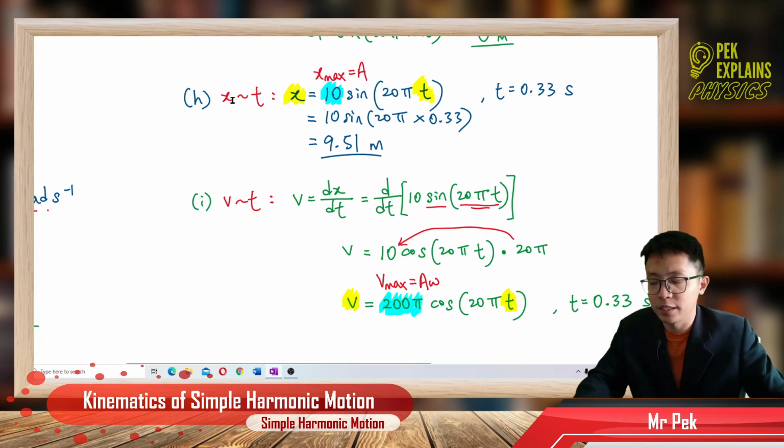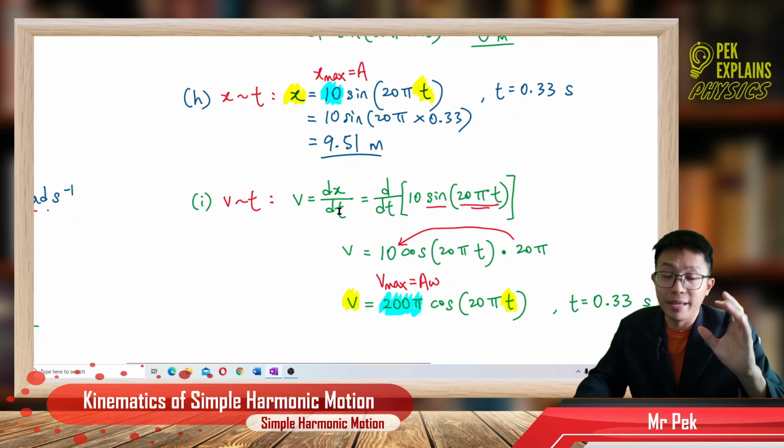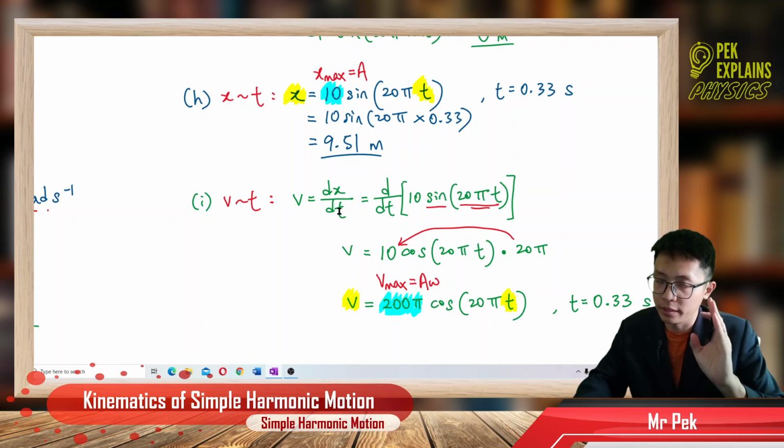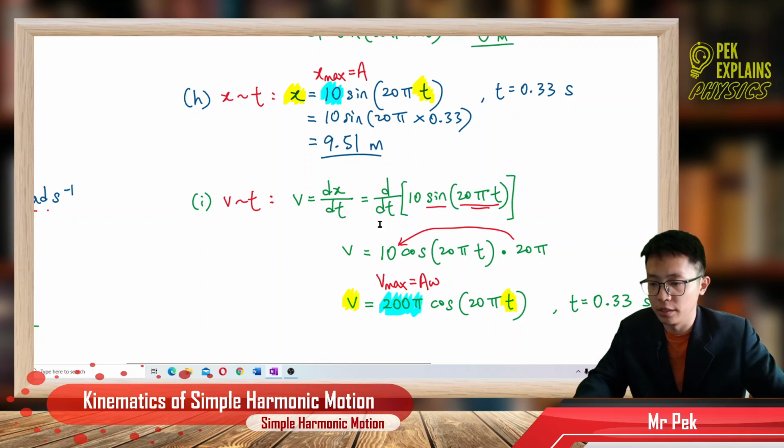So we have the displacement time equation. To find velocity is dx over dt. So just differentiate the displacement to get velocity. You need some mathematical knowledge about differentiation in this part. Ask your maths lecturer how to differentiate the sine or cosine equation.